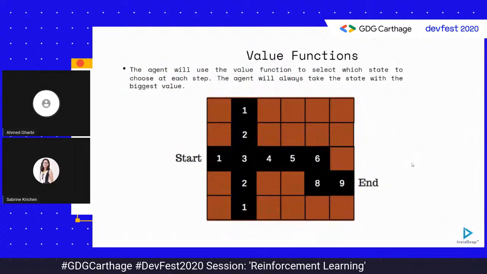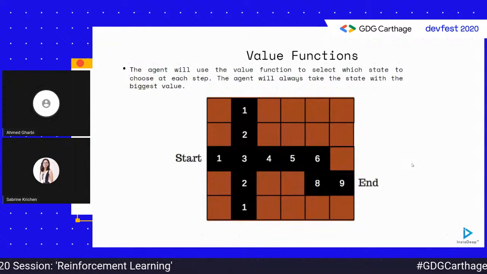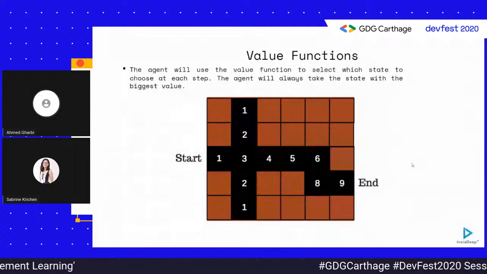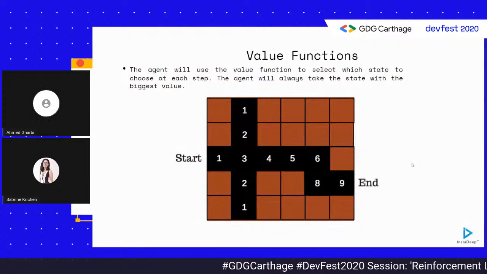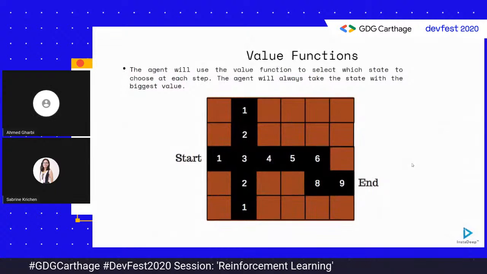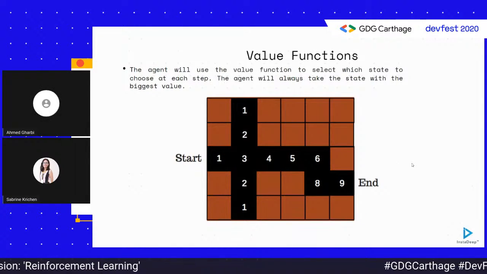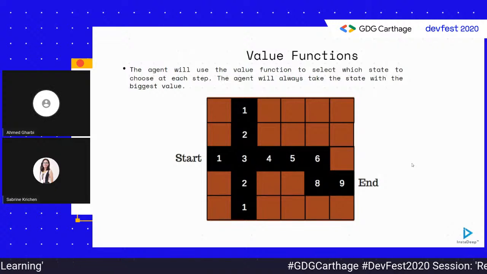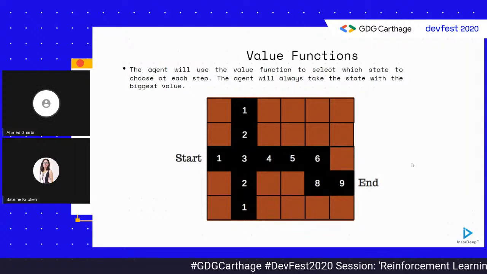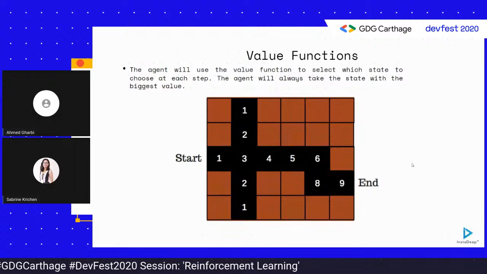One might ask, why do we need to attribute a value to the states? Well, we will use this value in order to select the actions that will lead to the highest return. For example, here we have a maze and we want our agent to escape this maze. The black rectangles are the states and the numbers represent the values of each state.